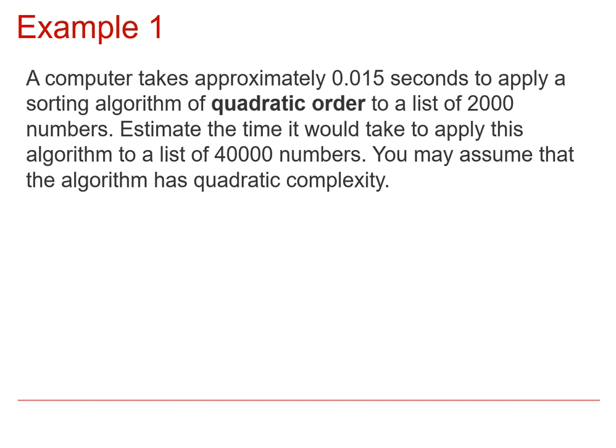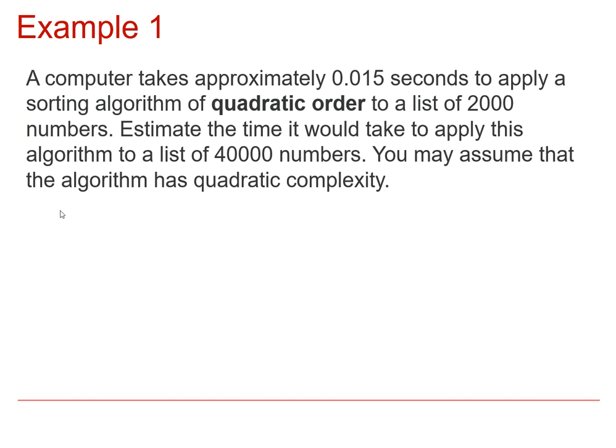Now, we are told that this has got quadratic order, so that means the time is going to be approximately proportional to the square of the size of the list. There are various ways of approaching this kind of problem, but the easiest way by far is to decide how many times bigger the larger problem is than the smaller problem.